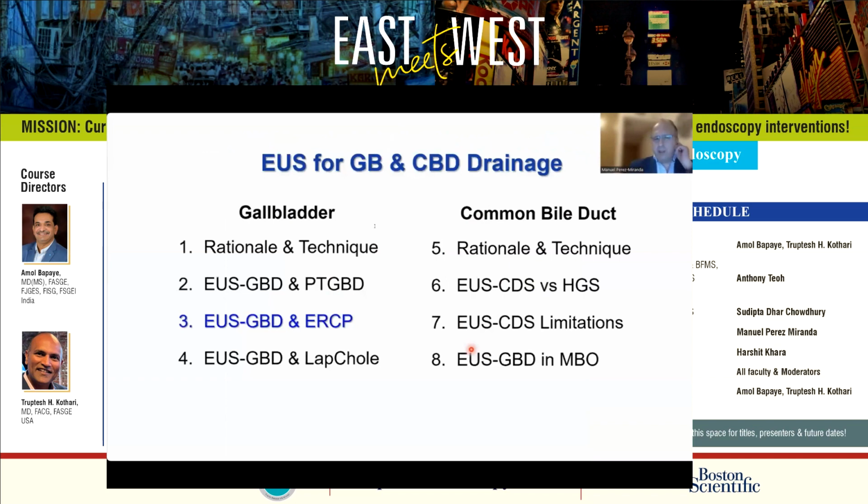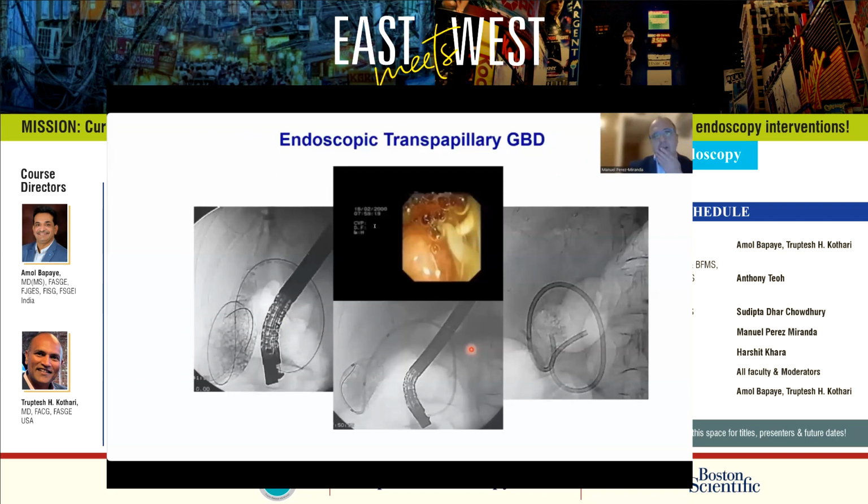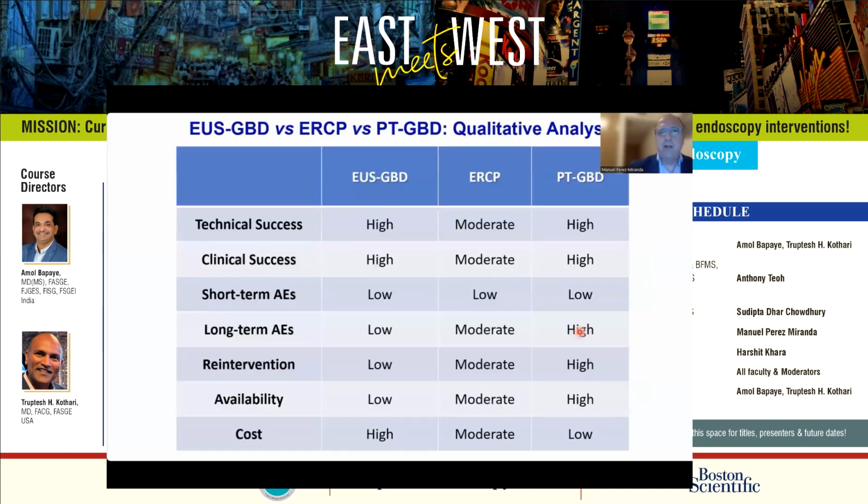So how about the interaction between EUS gallbladder drainage and ERCP? They can be seen as competitors in as much as a transpapillary drain can be placed through the cystic duct, and this works pretty well. The short-term outcomes are in between: technical and clinical success rates are lower than transmural drainage options.